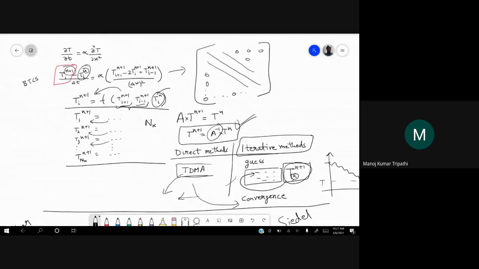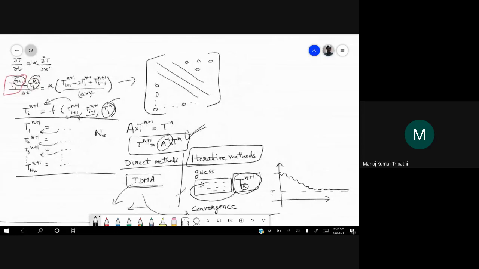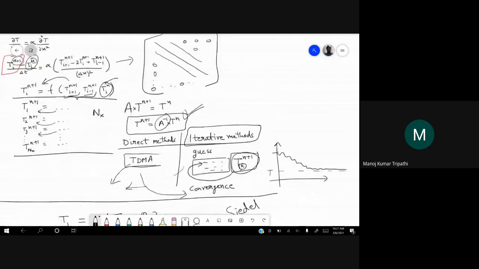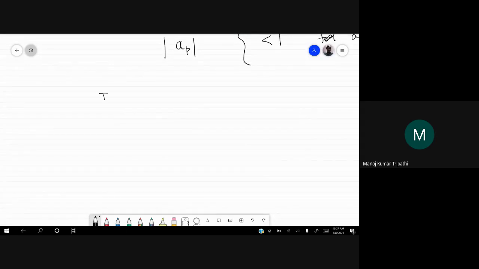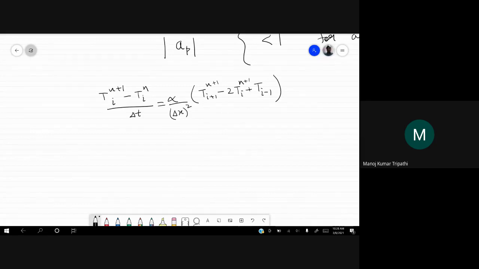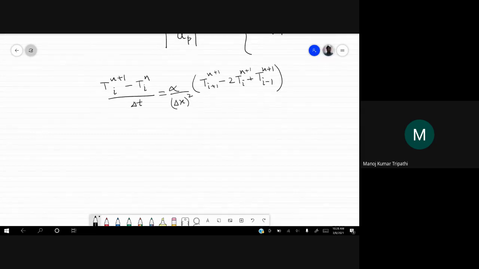What are the coefficients here? So let us write it again and then we can find that out. Okay.